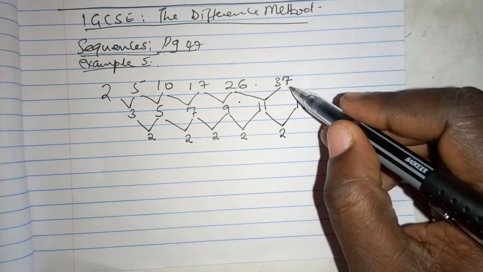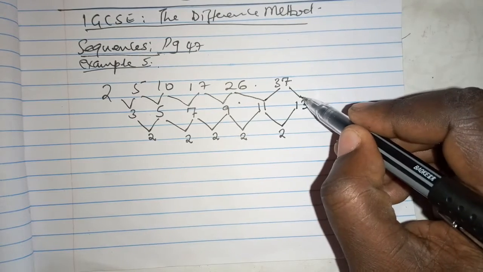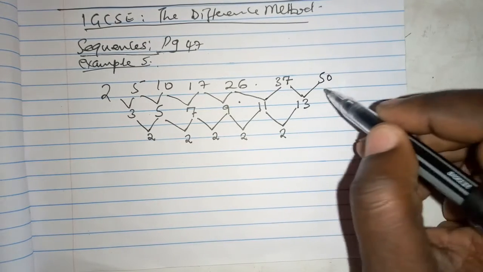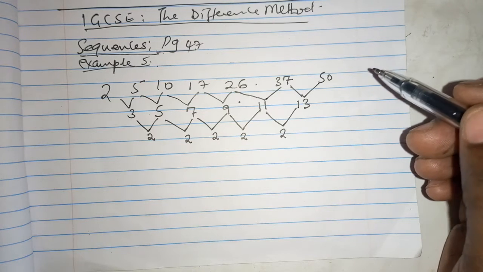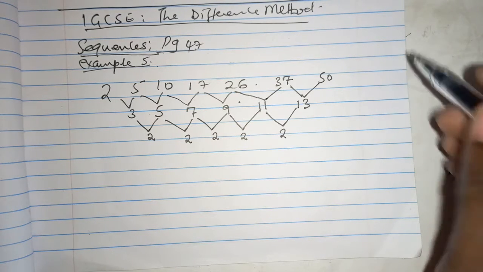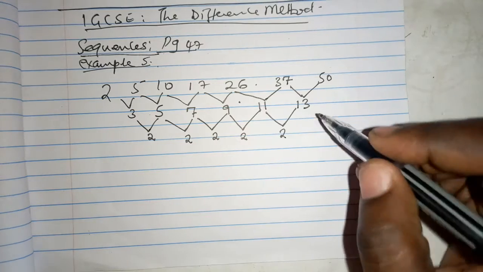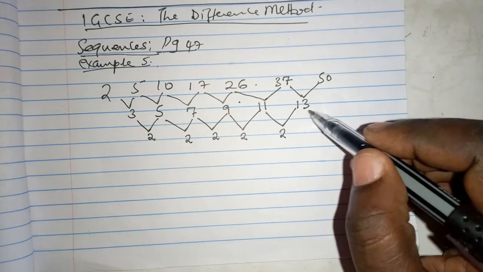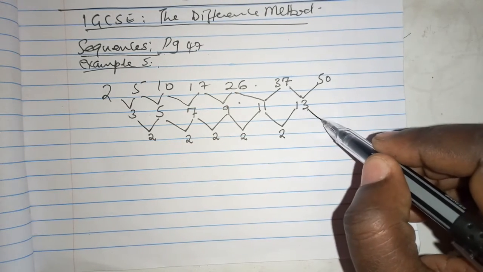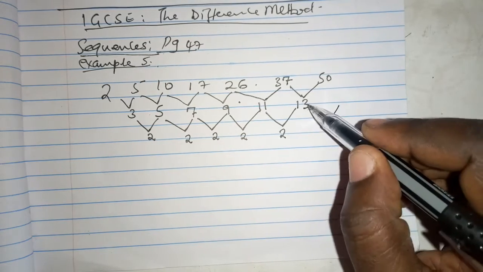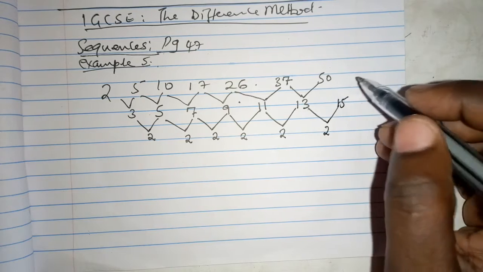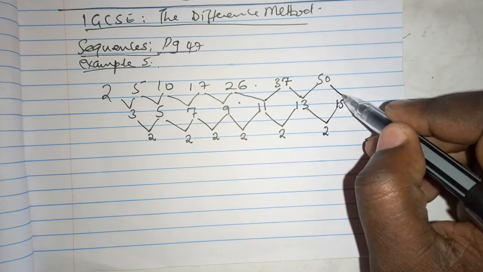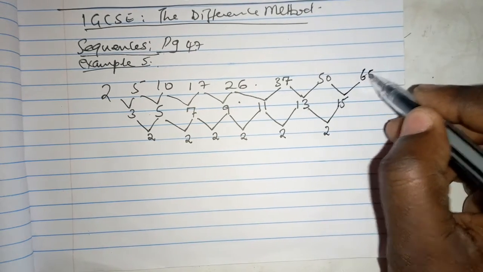The difference between 37 and the next term is obviously 13, so the next term is 50. You can continue adding like that to where you want. The next difference is 13 plus 2, which is 15, and therefore the next term will be 50 plus 15, which is 65.